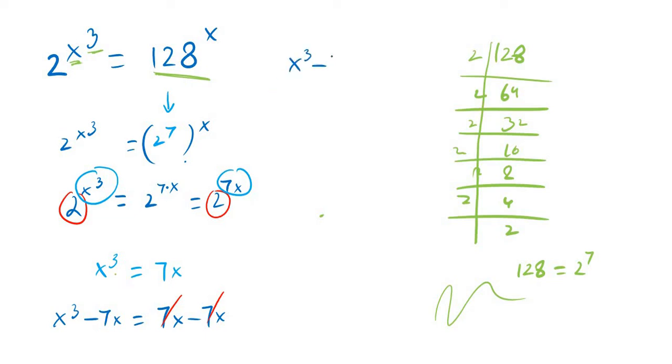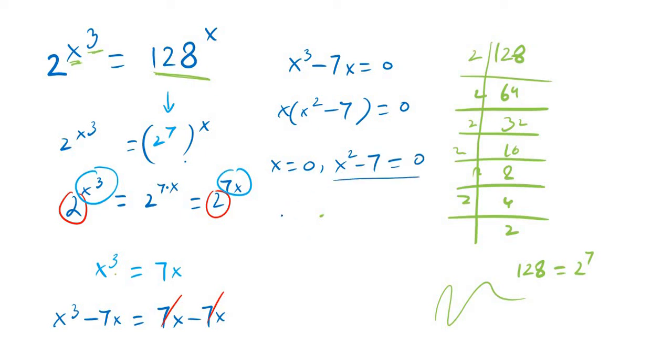Now you have x raised to power 3 minus 7x equals 0, and this equation can be solved by factorizing again, taking x common. From this, either x is equal to 0 or you have x square minus 7 equals 0.